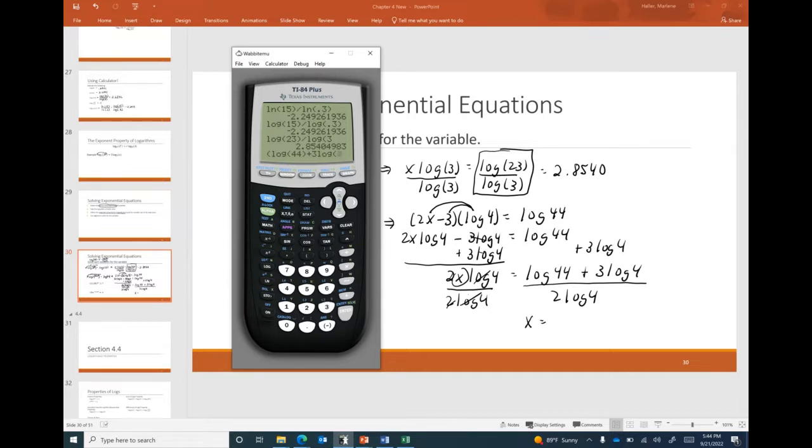It'll know that I mean 3 times the log of 4. One more parenthesis to close out the numerator. Then I'll say divided by, and the denominator is going to need parentheses too, just to be safe. 2 times log 4, I'll just say 2 log 4. Close this. So that's going to evaluate to 2.8649.